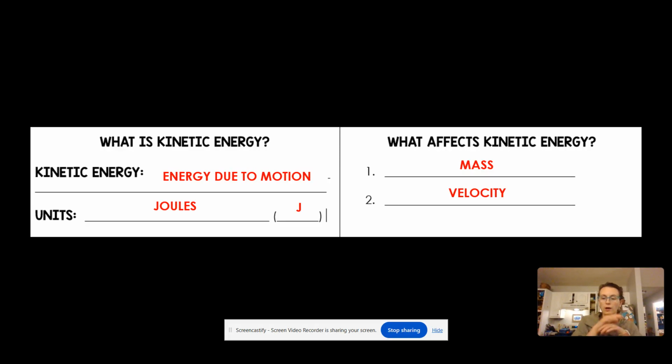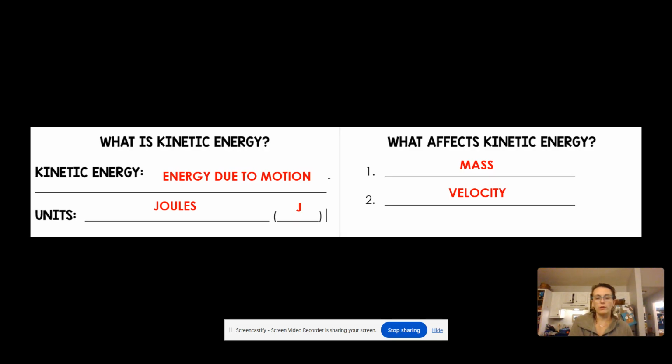The other one, if you think about kinetic energy, is energy due to motion. Motion means that we're going to have velocity. Remember, velocity is how fast something is going in a certain direction. If I have my water bottle and it's traveling like this, let's say it is traveling 1 meter per second to the right.